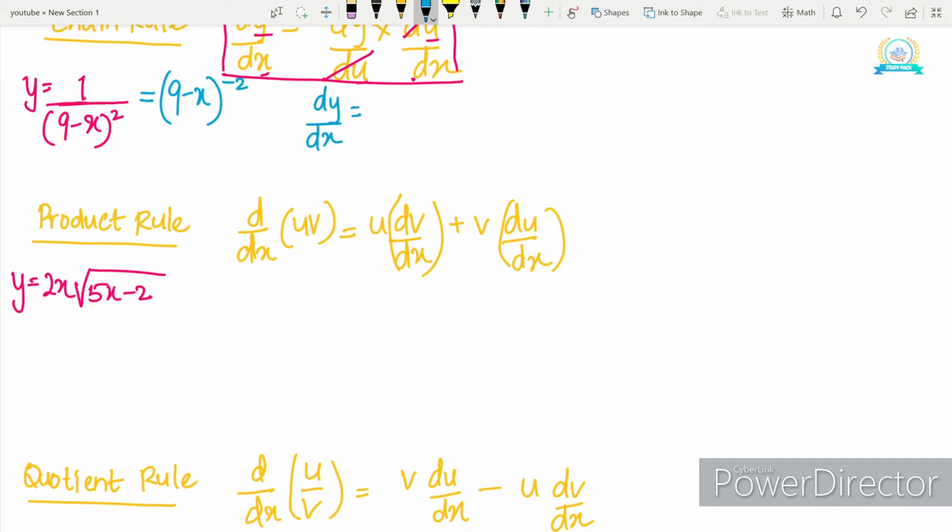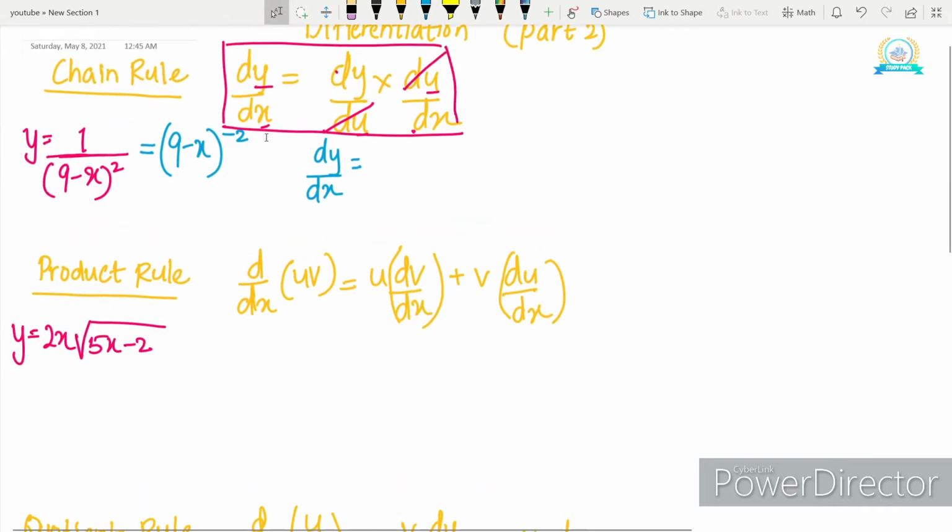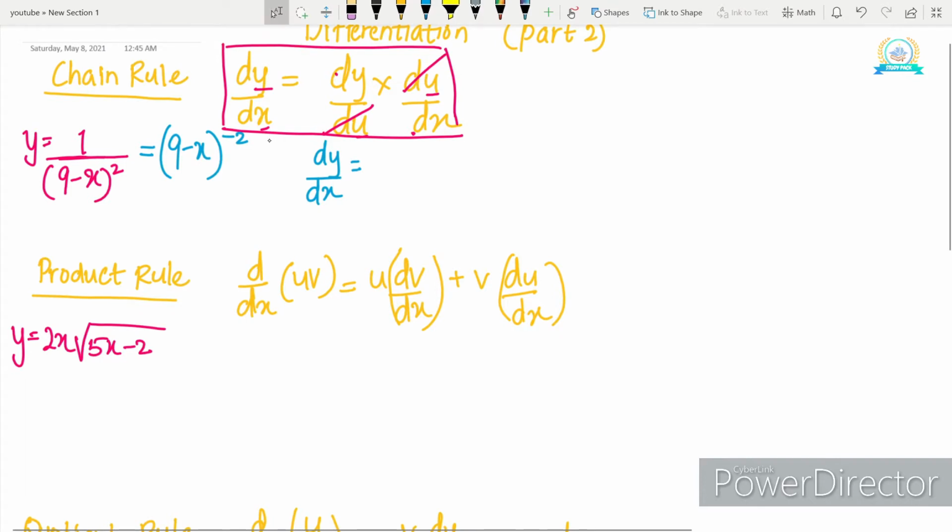The method I prefer is simply bringing the minus 2 to the front. I'll use a different color here for you to see the change. That's the first step: minus 2, and then I write the function just like that, 9 minus x.